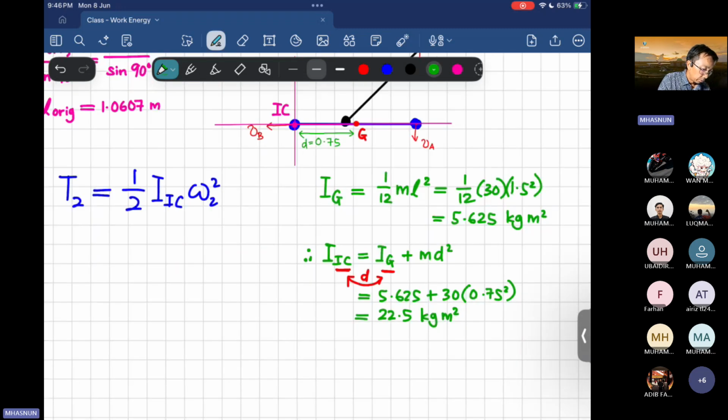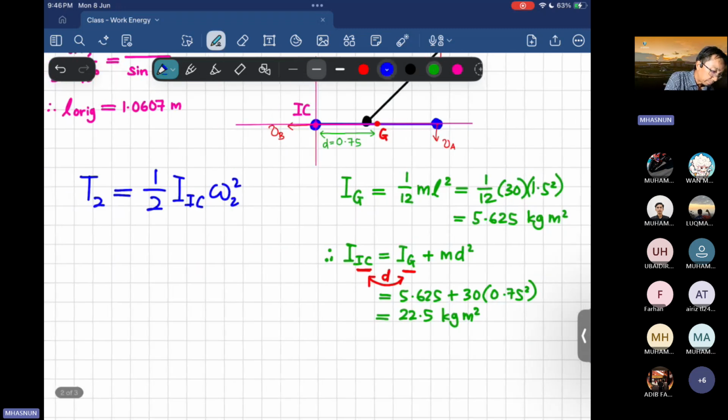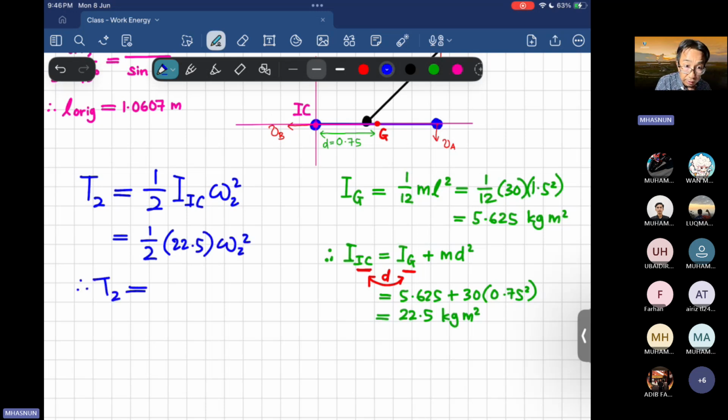Okay, so we will then substitute this I_IC dalam equation T2, so you get 1 over 2 multiply with 22.5 and then omega 2 square. So therefore, we will get T2 is equal to 11.25 omega 2 square.